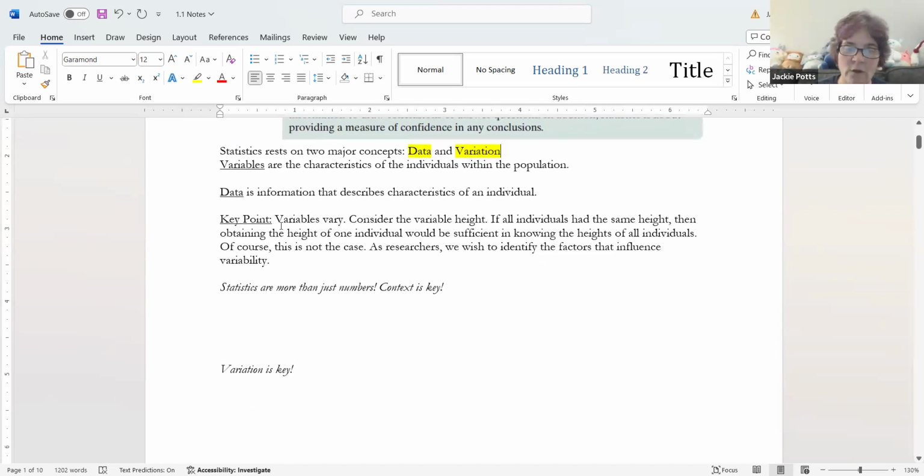And of course, variables vary. I kind of already covered that. If our variables didn't differ from each person to each person, our statistics would flatline and we couldn't run our tests that we need to run. They wouldn't work. So variation is key.